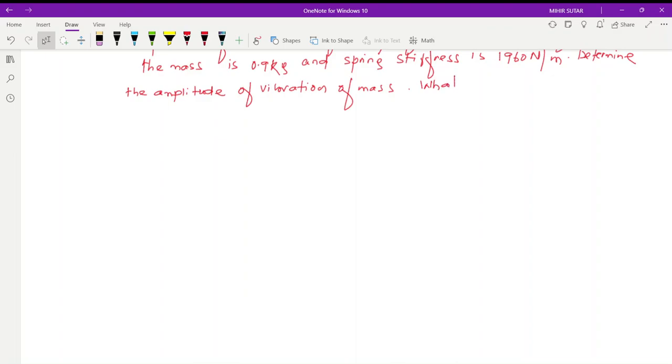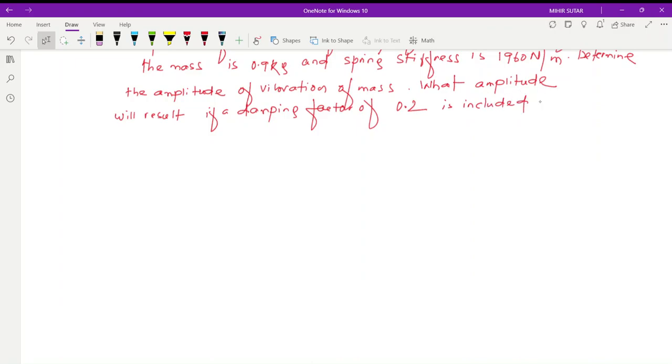And next bit is, what amplitude will result if a damping factor of 0.2, zeta is 0.2, is included in the system.